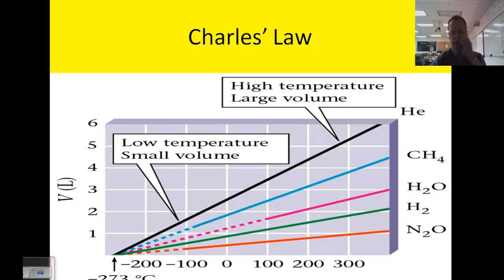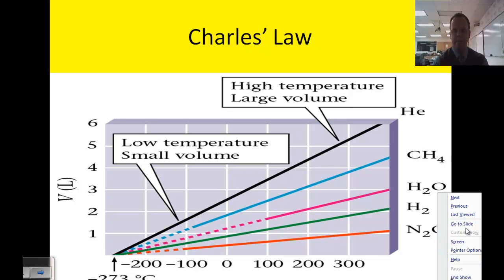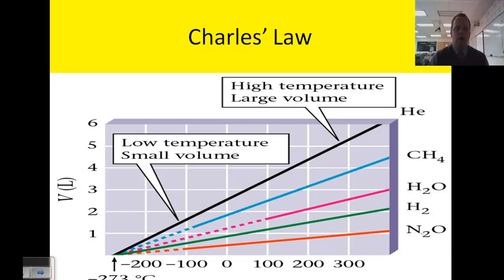So we go back to this Charles law diagram that we did during the early part of this chapter, and redraw. You notice a number of these things are dashed lines. Well, the reason it's a dashed line, let's start with H2O, the most straightforward case that you all know something about.